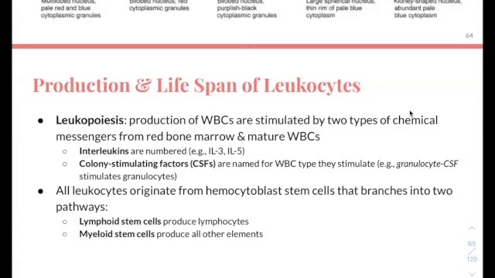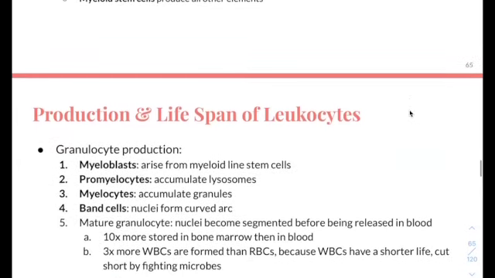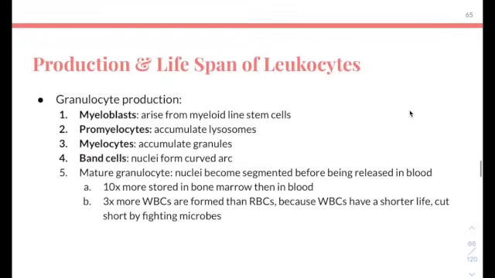So all leukocytes originate from hemocytoblast stem cells, and they branch into different pathways. The lymphoid stem cells for lymphocytes, or the myeloid stem cells for all other elements. So here's the steps to production of the granulocytes. You don't need to know each individual step. It's not worth the time.